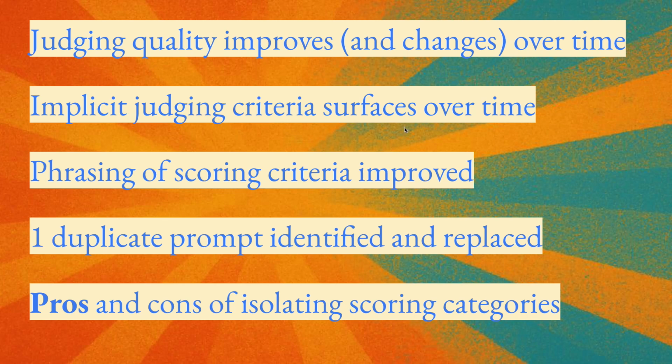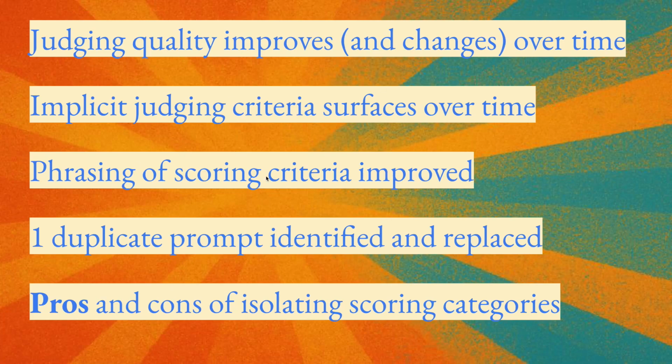By the time I was doing the last set of 150 prompts and completions, I was a lot more definitive in what I was giving zeros to, what I was giving ones to, and what I was giving 0.5s to. I also think that's why the largest model has the strictest scores. So I would not be surprised to see the LLM judge scores be a little higher than what I scored, but we'll see.